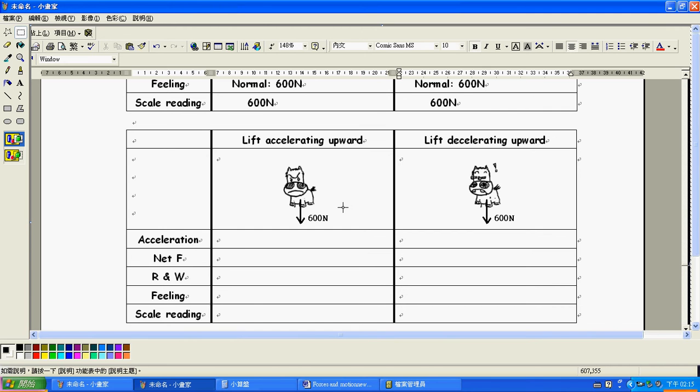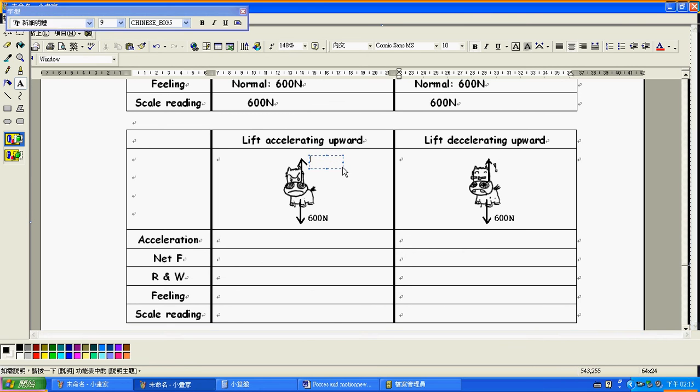However, when the lift is accelerating, the normal reaction must be greater. I use a thicker line. It must be greater than the weight. So for the first one, when it is accelerating, we put a number to illustrate it. So I choose 700 newtons.